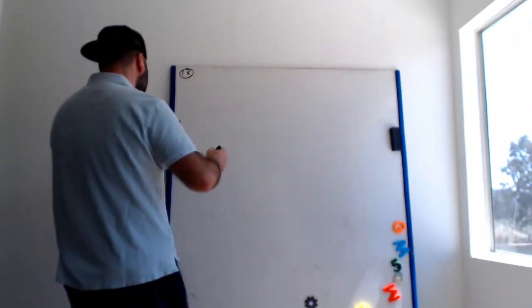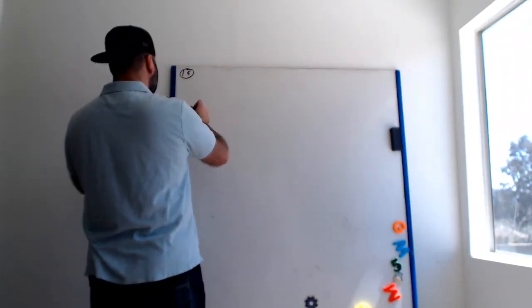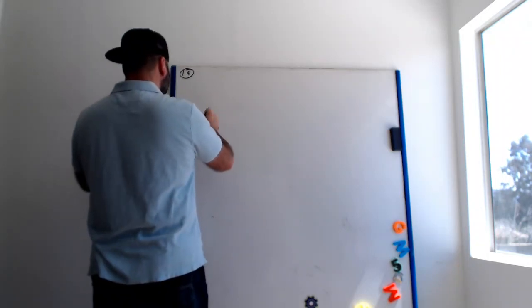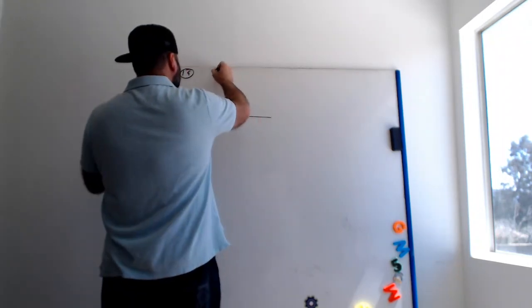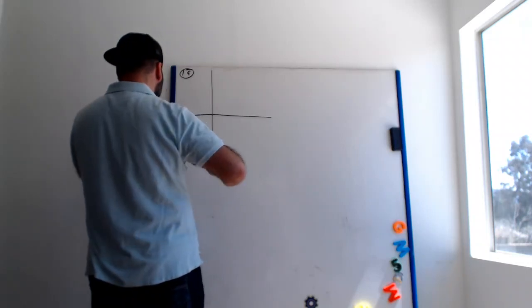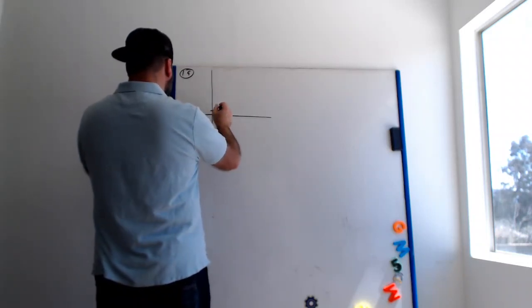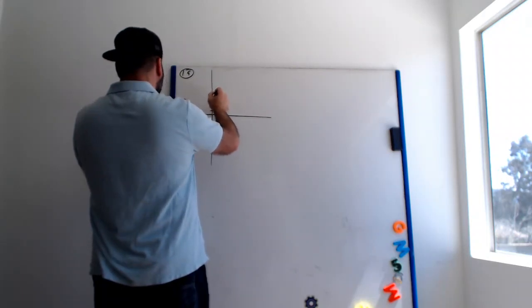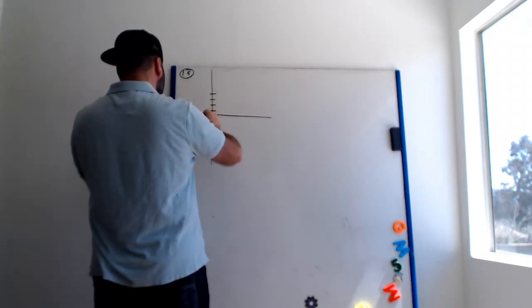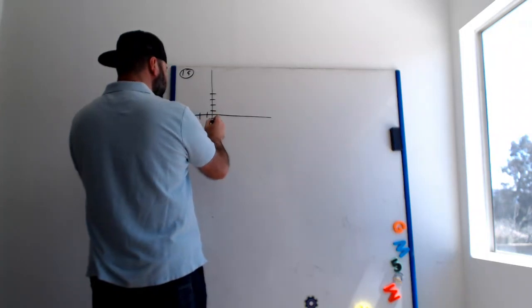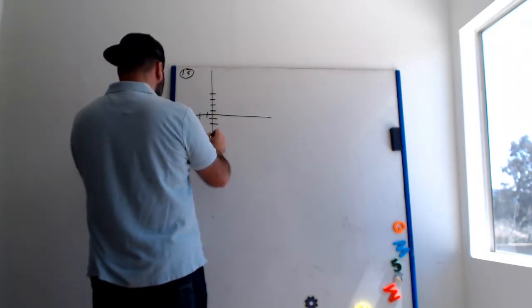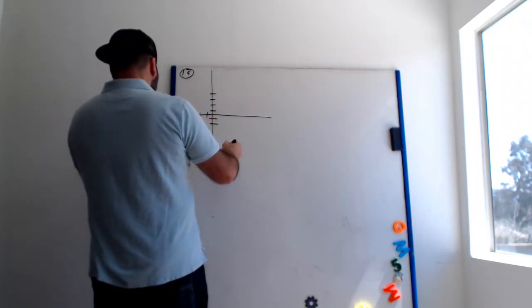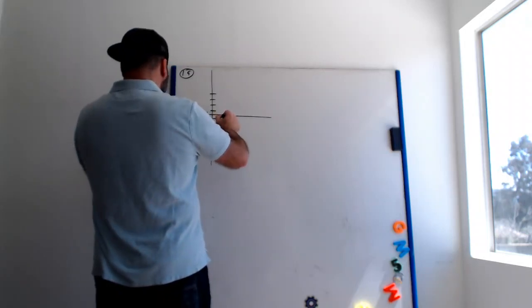I'm going to try to do this as quickly as I can, but if you want to fast forward through this part, I'm okay with that. That's what I would probably be doing. And let's just draw the information that we need.